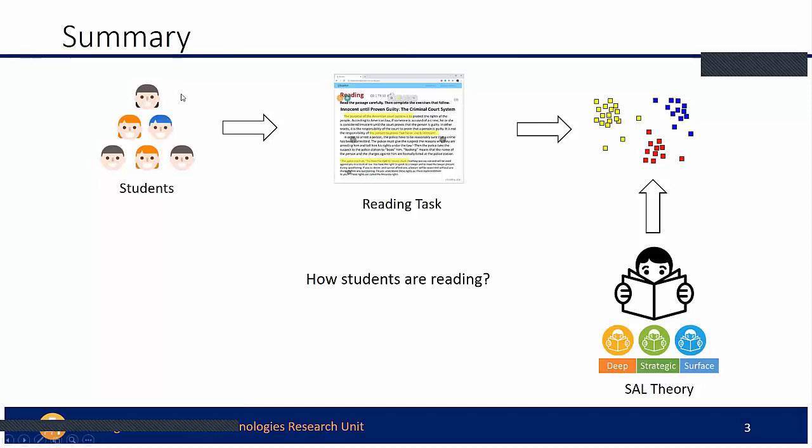In this research, we also have a group of students, and we have the BookRoll system to collect data. After that, we analyze this data to find some groups of students. And we also use the student approaches to learning theory to design this research, and also to explain the results.